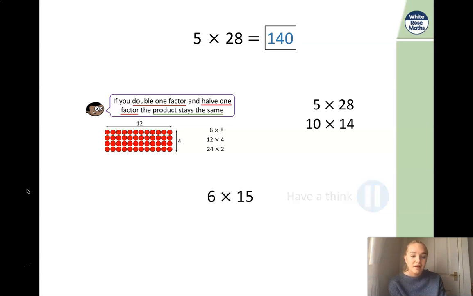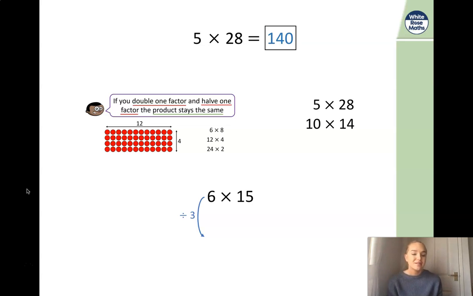So I think in this circumstance, what we'd have to do is double the 15, and that would mean halving the 6. And our new multiplication, if you've got this right, fantastic, would be 3 multiplied by 30, and we know that 3 multiplied by 3 is what, please? 9, and then you add the 0 on the end. You don't always have to do doubling and halving though, because as long as you do the same to one factor and then do the opposite to the other, you will always get the same product.